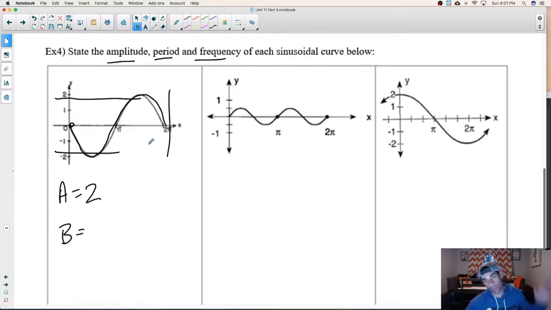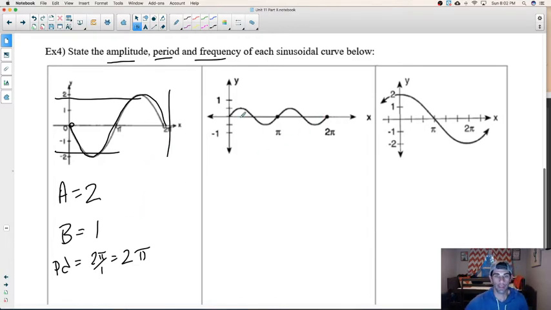So it was able to complete one of its cycles, so its frequency would be 1. And now the period, which would be 2 pi over b, or how long did it take? Well, I just defined it. It took 1 cycle, so the period was 2 pi.